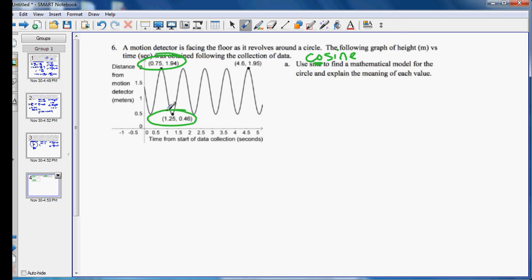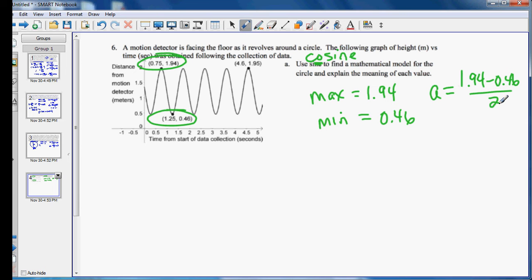That's our amplitude. It turns out to be 0.74. We can find our D, our vertical shift, our midline, by doing the max plus the min over 2. And that gives us 1.2. So once you find your max and your min, that A and the D should be very straightforward. Works the same every time.